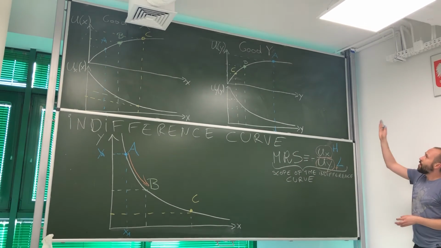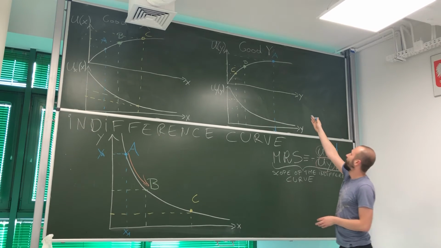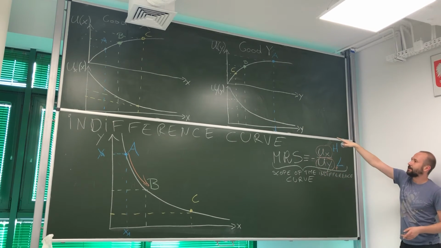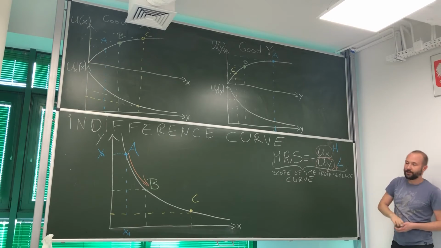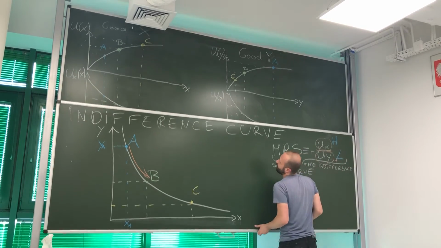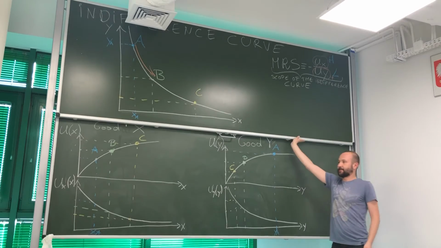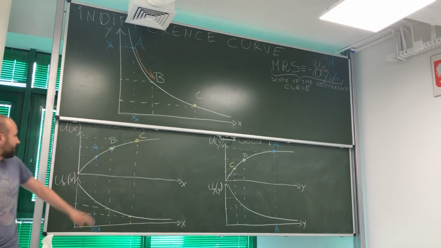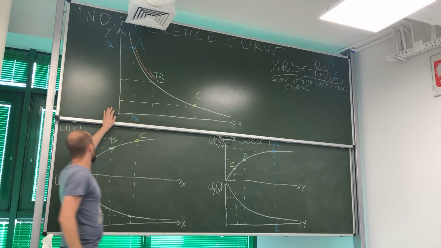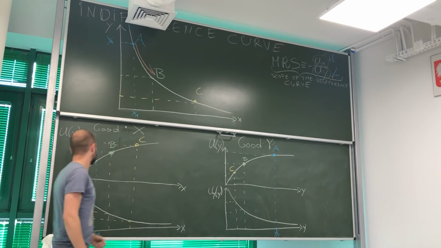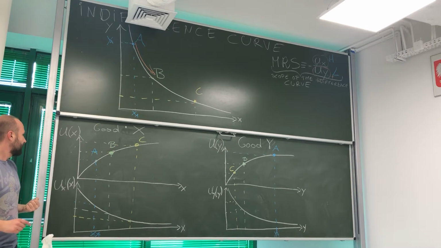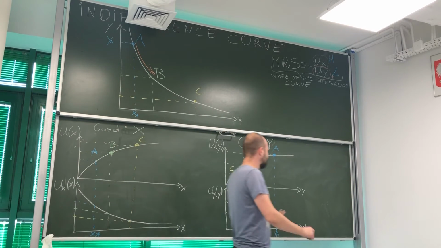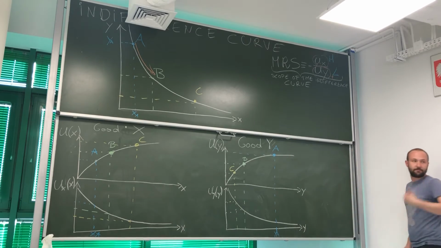Okay, look, what is happening when I'm trying to move from point A to point B? Let's start with the choices of the customer about good X. Look, customer has just a little of good X, right? So the customer values good X a lot.